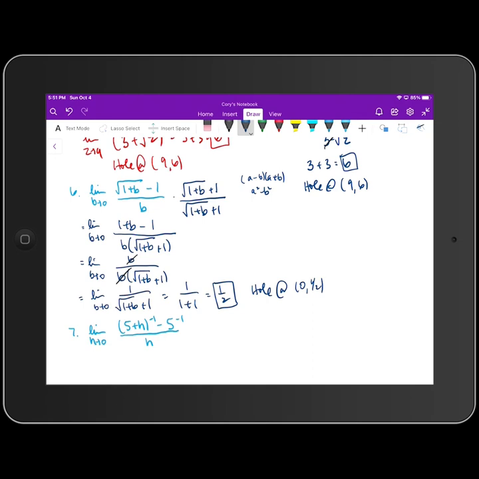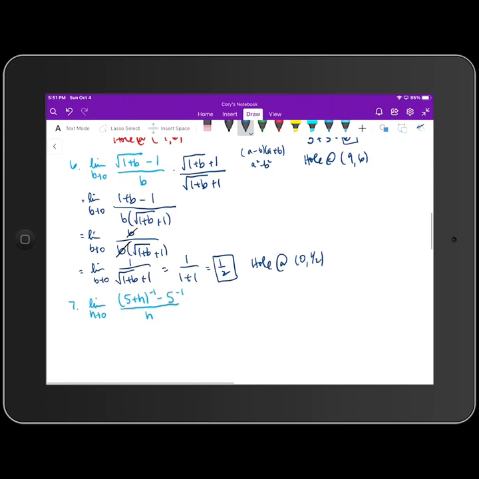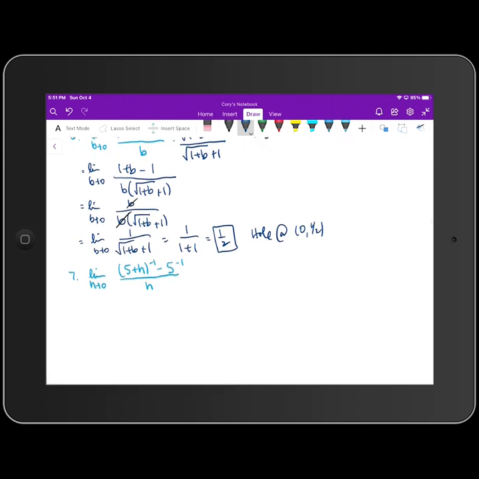Okay, when we look at 7, we have the limit as h approaches 0 of 5 plus h to the negative 1 power, minus 5 to the negative 1 power, all over h. If I try using direct substitution, plugging 0 in the place of h, we get 5 to the negative 1 minus 5 to the negative 1 power, which makes the numerator 0.